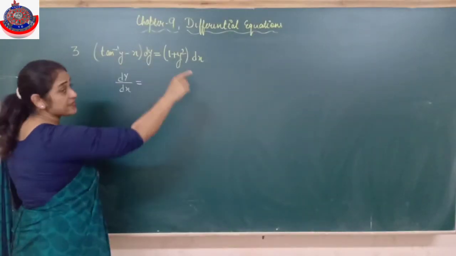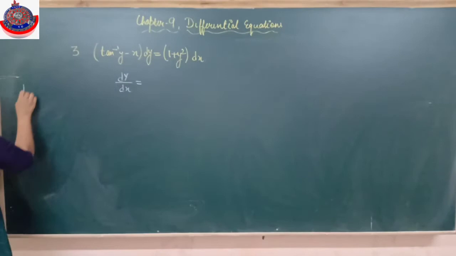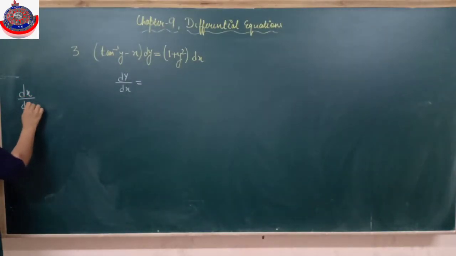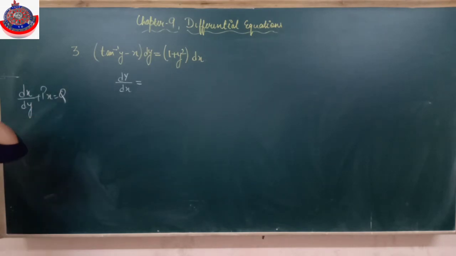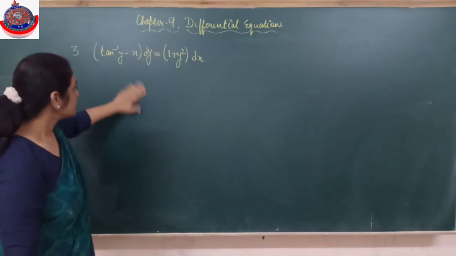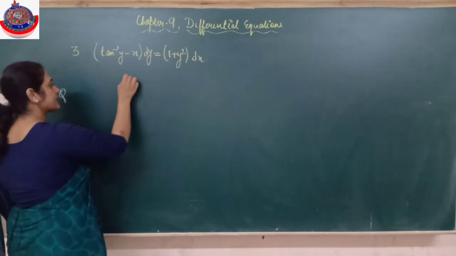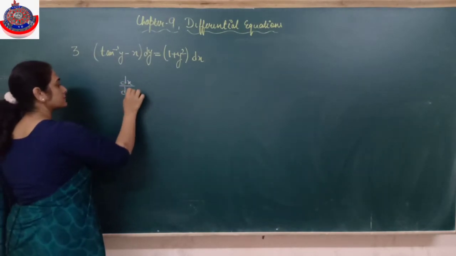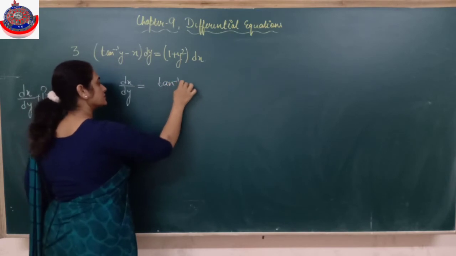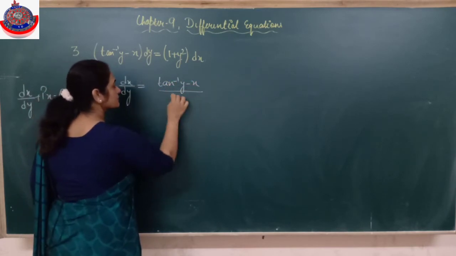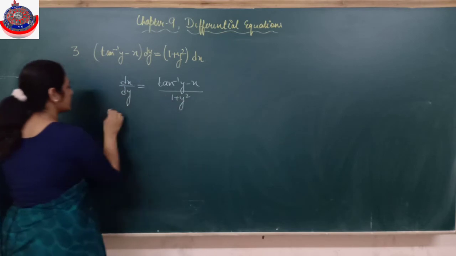But in which equation do x and more y terms come? So that means it should be dx upon dy. It should be dx upon dy. So I'll take it that side, and this here. Segregate.